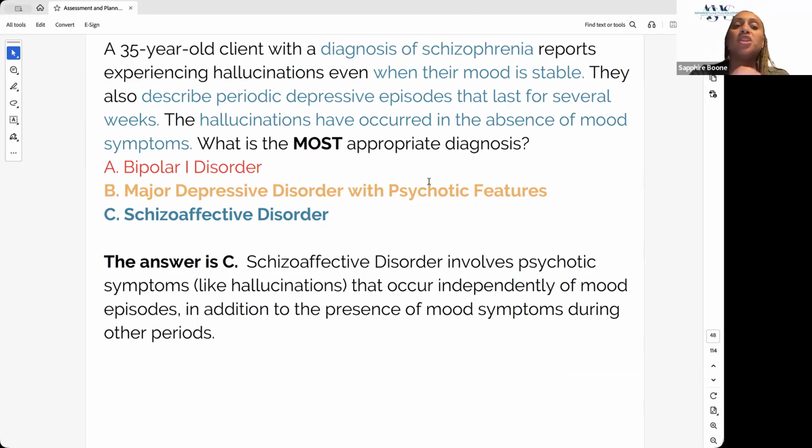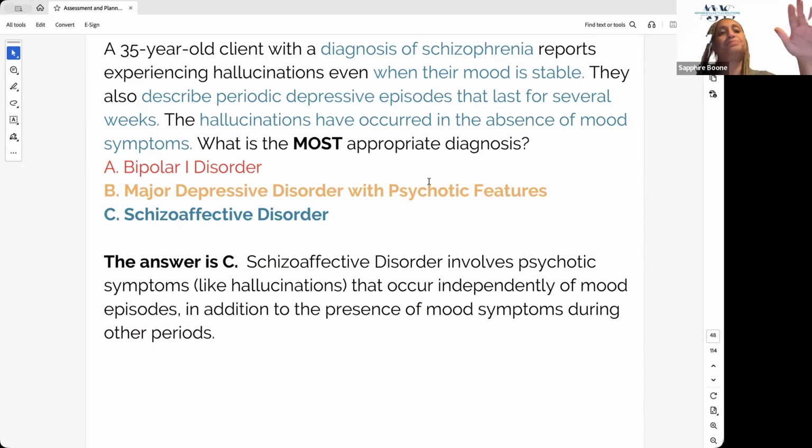Yeah, so I was just saying with major depressive disorder with psychotic features, the stable symptom is going to be your depression. Basically, depression is not going away. Those symptoms of depression remain, and the psychotic features, the hallucinations, the delusions, disorganized speech, the negative symptoms are going to fluctuate.